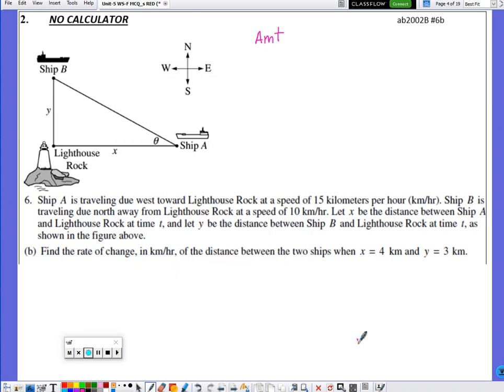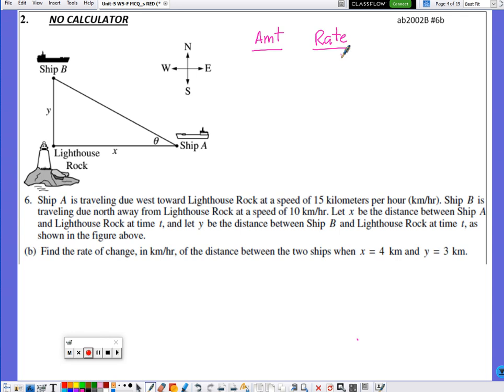Okay, so I need amount and I need rate. As I read the problem, they talk about the fact that this ship A is moving towards the rock at a speed of 15 kilometers per hour. As I reminded you in the lamppost problem, it doesn't help to use velocities.